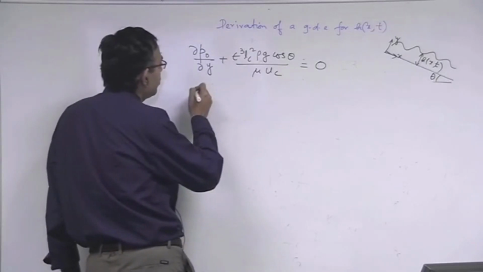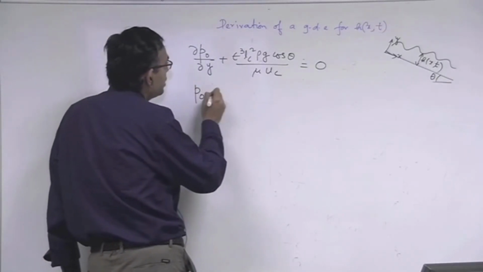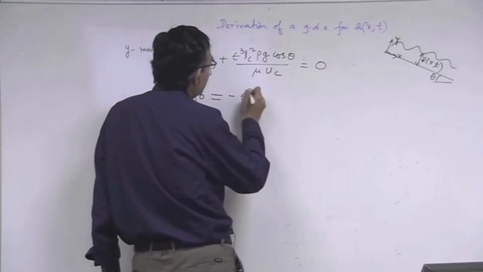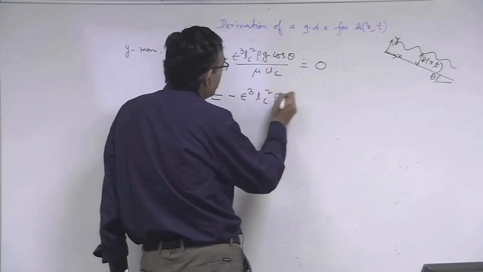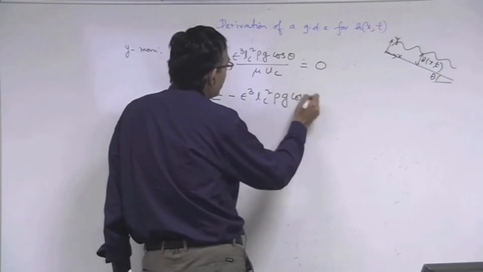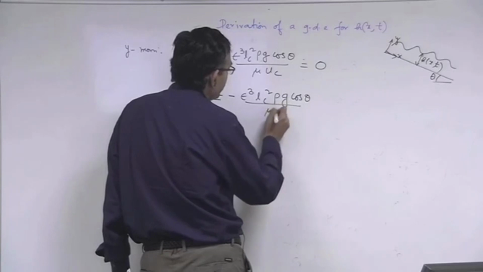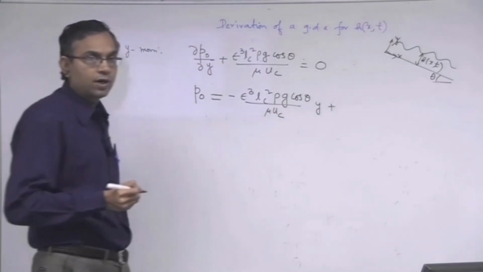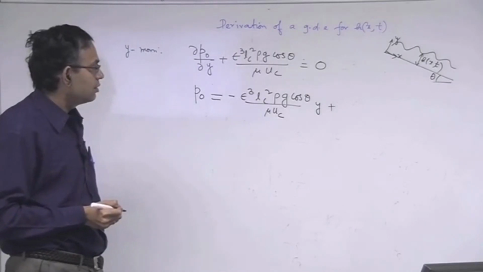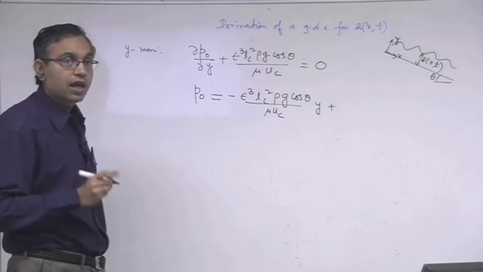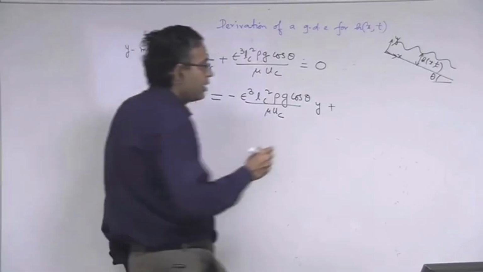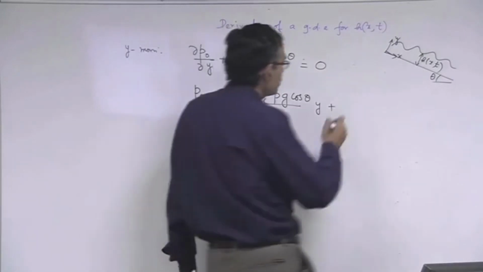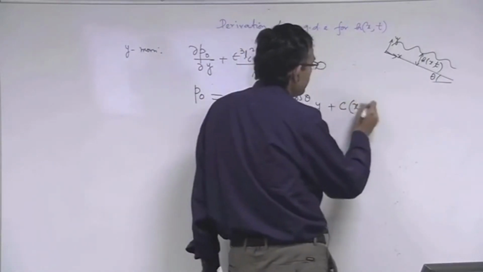If you integrate it with respect to y, then P0 is equal to minus epsilon cube LC square rho g cos theta by mu UC y plus a function of x and t, say C of x, t, since the variables are x, y and t.